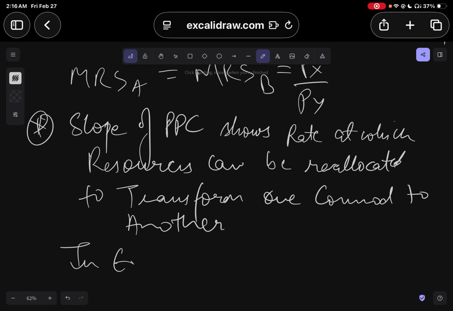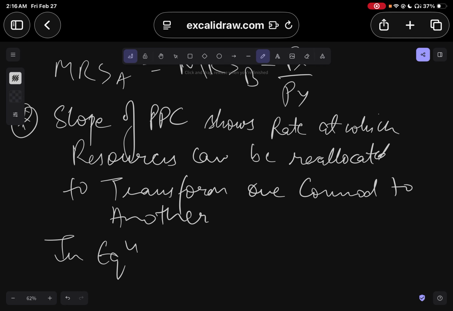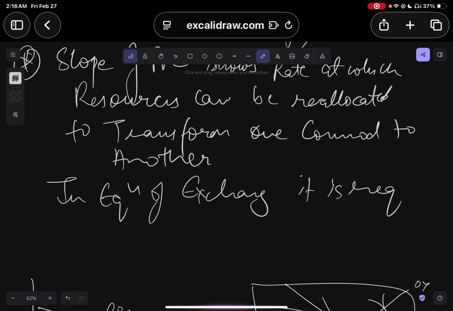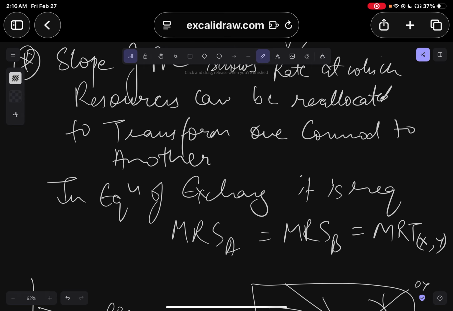In equilibrium of exchange, it is required that MRS of A equals MRS of B equals MRT of X and Y.